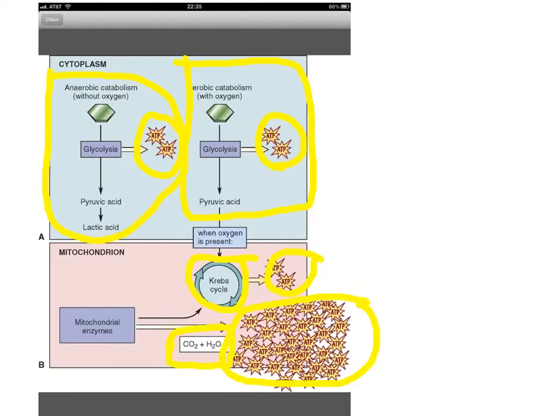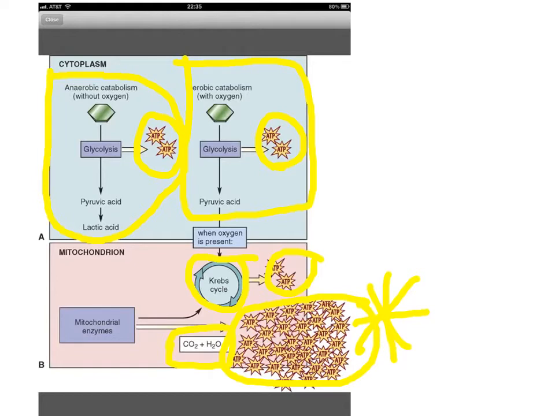Particularly carbon dioxide is generated there. That's a waste product that we need to carry away. But certainly by adding oxygen to this metabolism, anaerobic metabolism can continue and aerobic metabolism can occur on top of that, in addition to that, and we get a tremendous amount of energy, a very efficient, very effective way to make energy for cells.